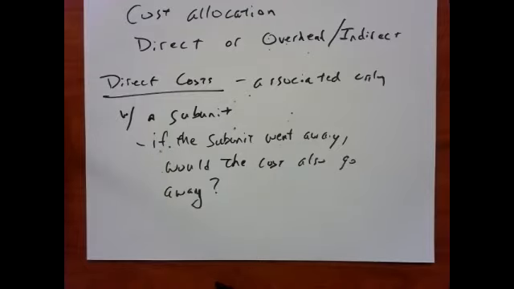But going back to the pediatric example, and Emma said the waiting room, right? Well, the waiting room is a space. So if pediatrics folded up and we're like, yeah, we're not doing pediatrics anymore, we always lose money on pediatrics, I'm not going to do that anymore. Would the cost of the pediatrics waiting room go away? No, right?